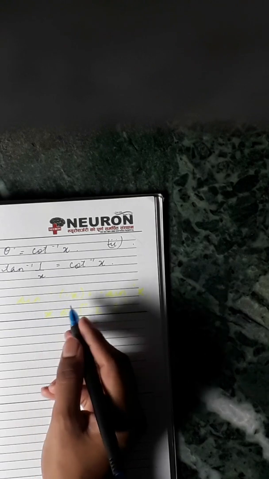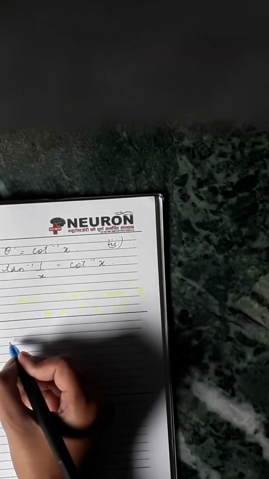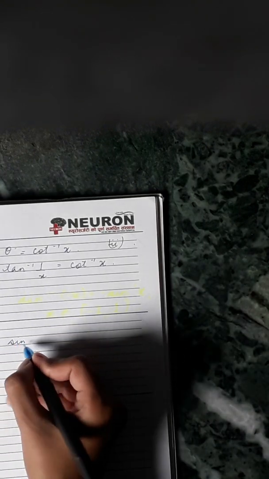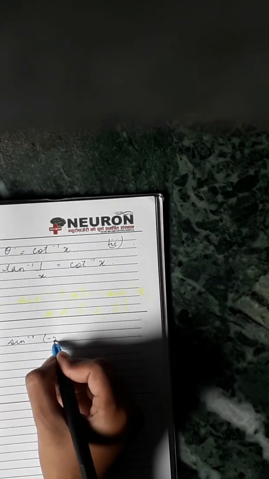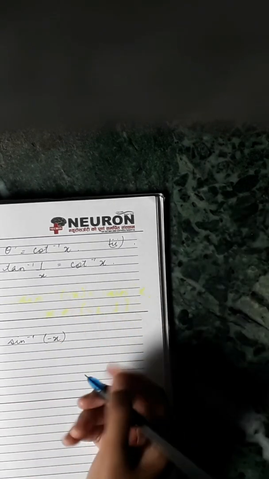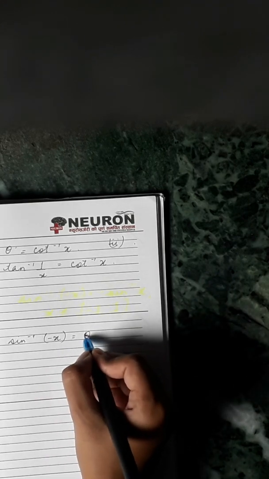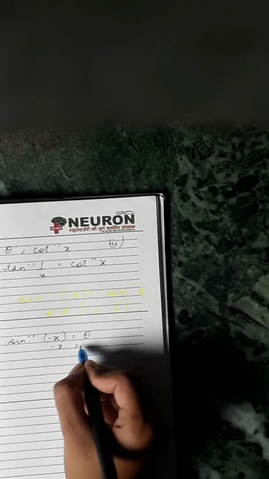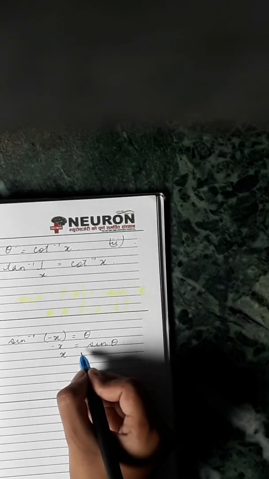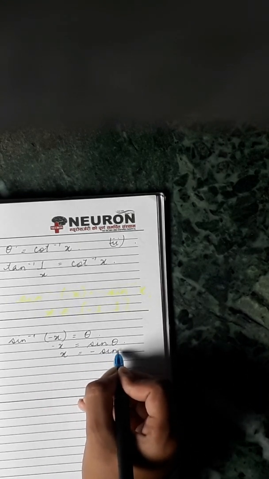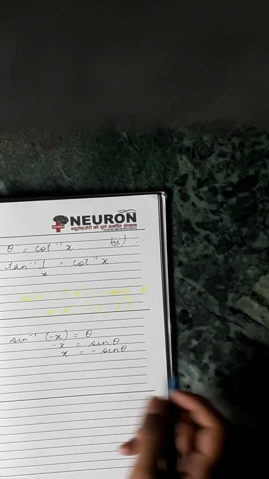Here also what you have to do is, you have to let the LHS be equal to theta, then minus x is equal to sine theta, then x is equal to minus sine theta. This much is clear to you all.